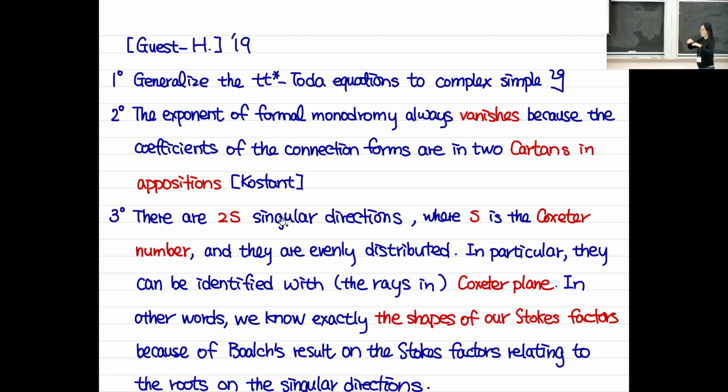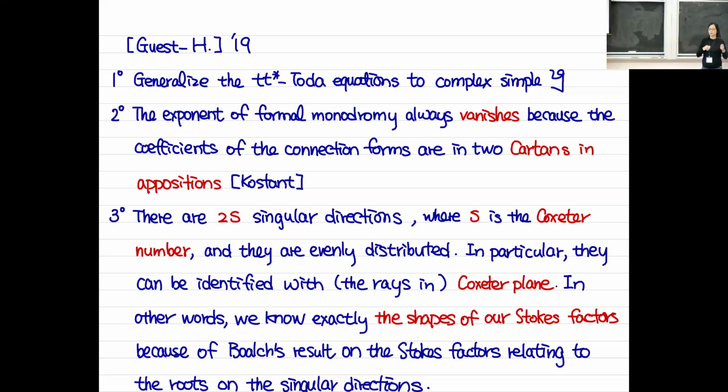So the singular directions are evenly distributed in all cases, and the number is 2 times the Coxeter number. So for our AN type, that's n plus 1, which is why you have 2 times n plus 1 singular directions in the AN case. Okay, and in fact, they can be identified with the rays in the Coxeter plane.